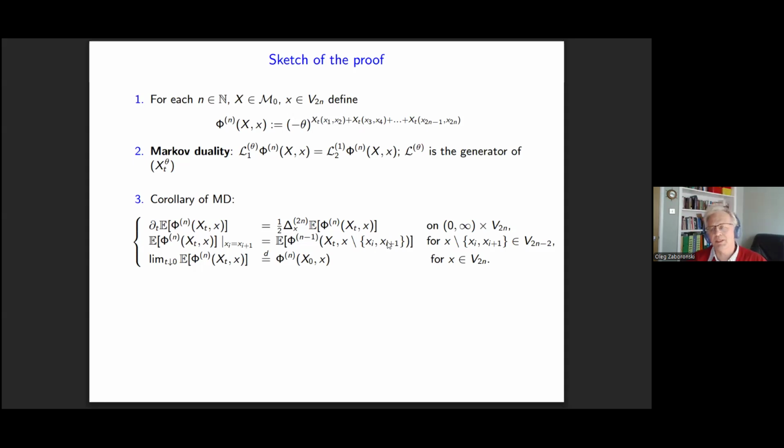So in other words, on the boundary of my simplex, I will have this boundary condition: the expectation of phi n is expressed in terms of the expectation of phi n minus 1. And if I take time to 0, I will get an appropriate initial condition. I'm always assuming here that my initial condition is deterministic. And of course you can probably see the generator of annihilating Brownian motions in this description.